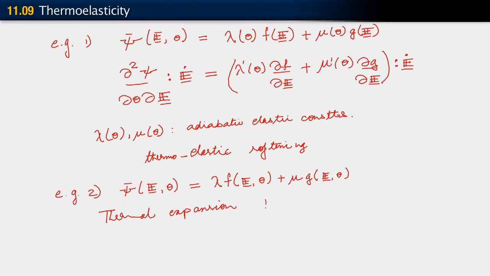Let's suppose that we have our body here in the reference configuration omega naught, and we have some neighborhood of the point x. The process we want to model is one where that neighborhood expands or contracts through thermal effects.